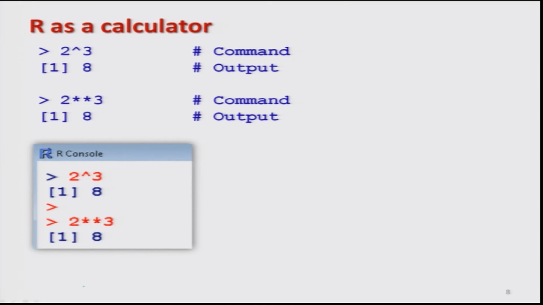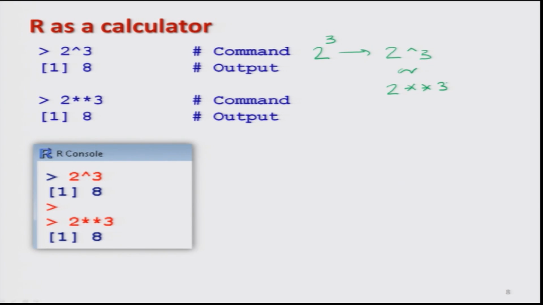Now, similarly, if I want to find 2 cube, there are 2 options: either I can write 2 hat 3, or this can be written 2 star star 3.